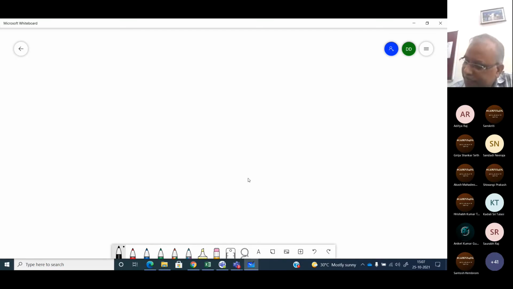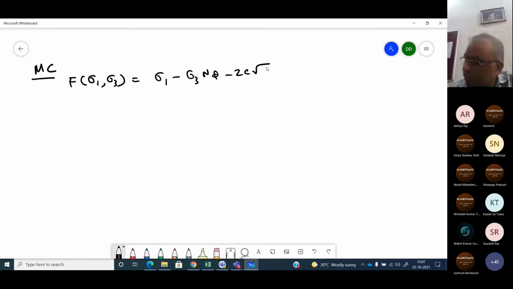But before that, if I may write the MC criteria as f of sigma 1, sigma 3 is sigma 1 minus sigma 3 and phi minus 2c square root of n phi.